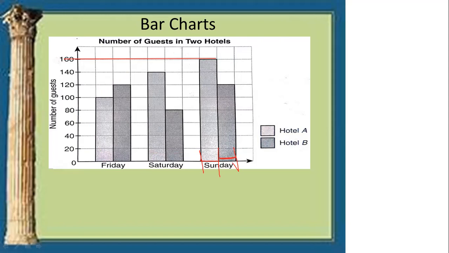This one is 80. So the height represents the data. But remember again, the size should be the same. Now take note, there are also two types of bar charts. Vertical, just like the example, vertical means standing. Horizontal bar chart means it is lying. So vertical, horizontal.